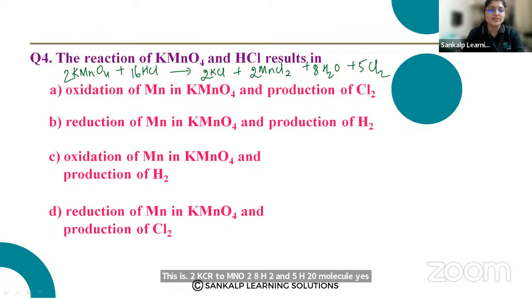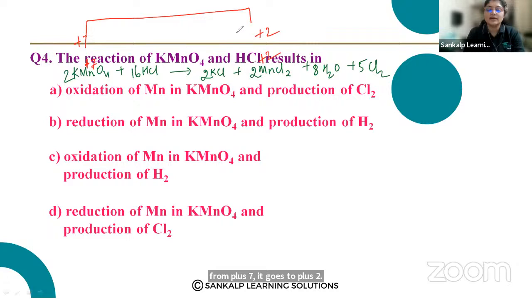What is happening to the oxidation number? Mn is plus 7, and it goes to plus 2. So there is a decrease in oxidation number, which means it is reduction.